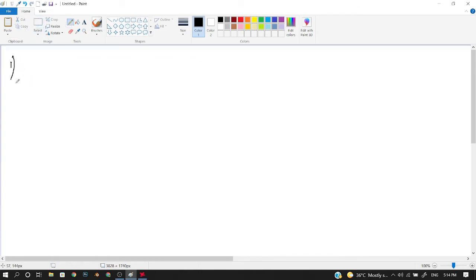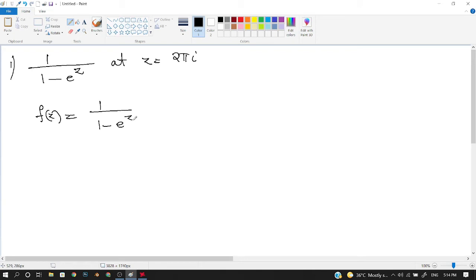Now another one: identify the singularity at a given point. Here consider one example, 1 by 1 minus e raised to z at z equal to 2 pi i. Now our function is f of z equal to 1 by 1 minus e raised to z. The poles are given by equating the denominator to 0.